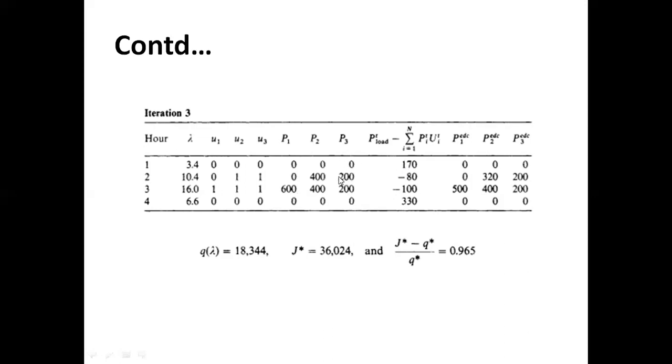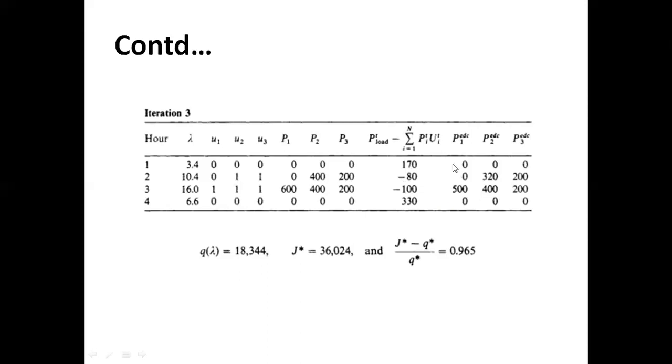Here the generation is 600, and the load at hour 2 is 520, so it is 520 minus 600, which is minus 80. Here the generation is 1200, and the load at hour 3 is 1100, so it is 1100 minus 1200, that is minus 100. And for hour 4, there is no generation, so it is 330 minus 0 equals 330.